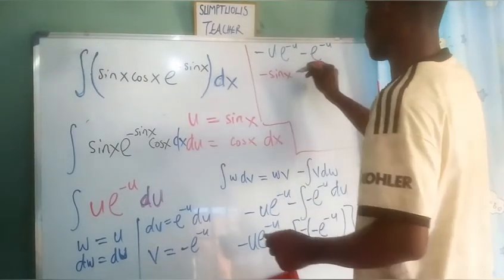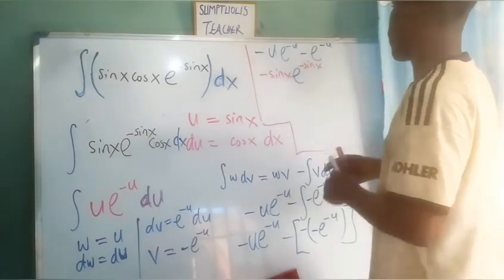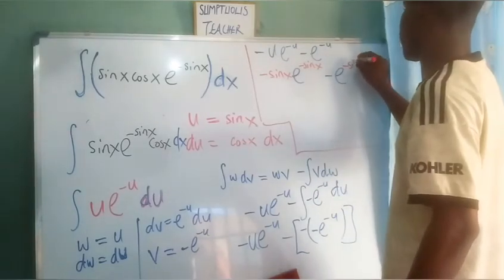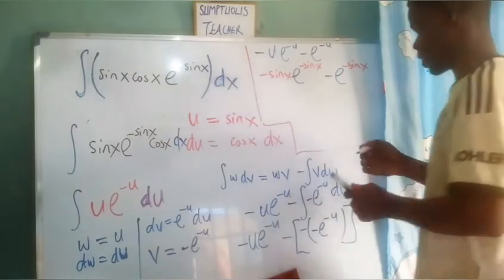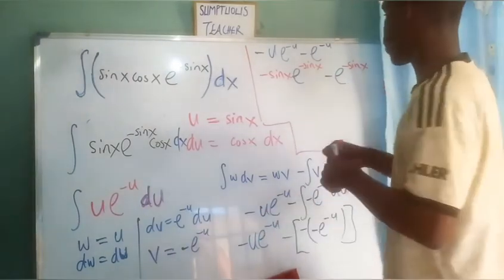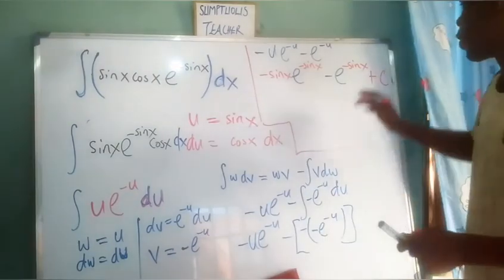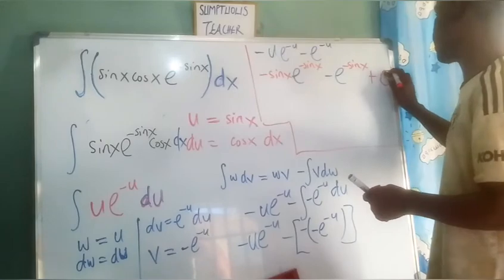Okay, e to the negative sine of x minus e to the negative sine of x. I know e to the negative sine of x is common, so if you take that out, already we've gotten an integral already. And remember to add your arbitrary constant for any integral. Okay, so we have the plus some constant c.